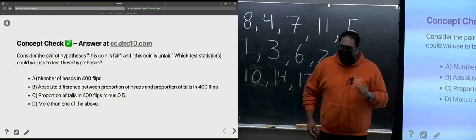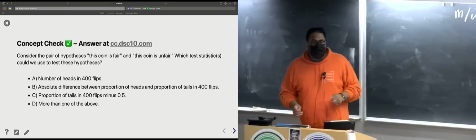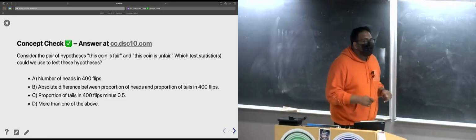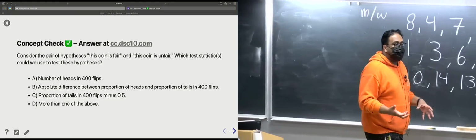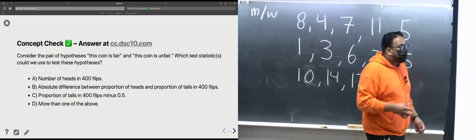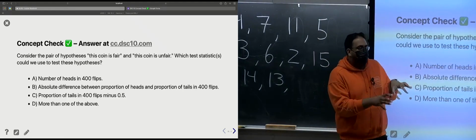Now B then is the correct answer here, because you'll notice it involves an absolute value. Right? So this is taking the absolute value of the difference in proportions of heads and tails. So if this number is small, it means the proportion of heads and tails were really close to one another, meaning that they're both close to 0.5.